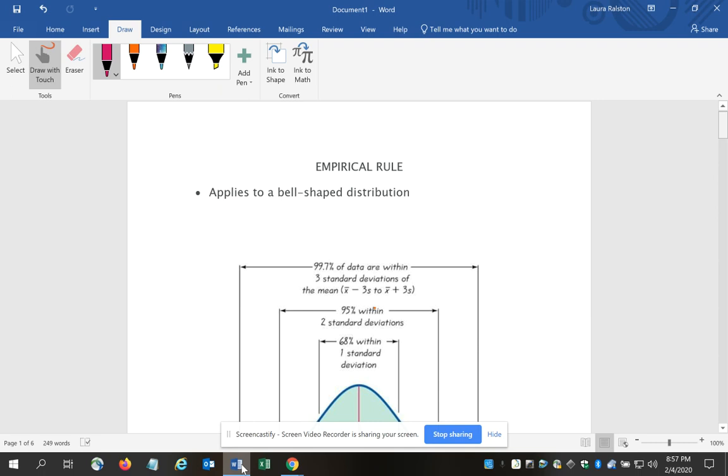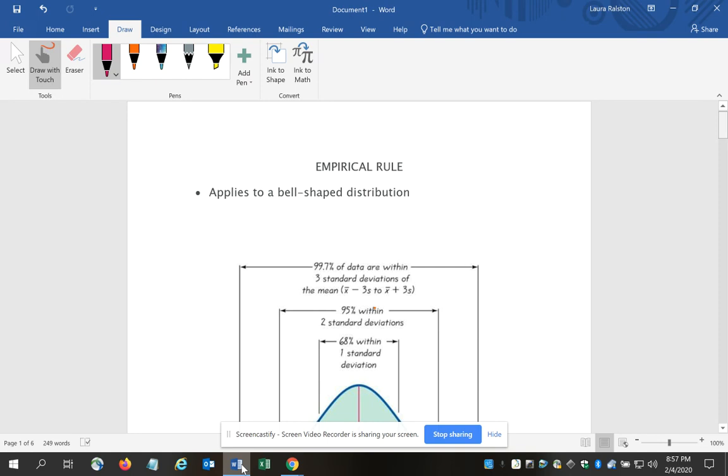A number of you seem to be struggling with the concept related to the empirical rule. The empirical rule applies to any bell-shaped distribution, and it gives us some insight into what percentage of the data falls within a specified number of standard deviations.